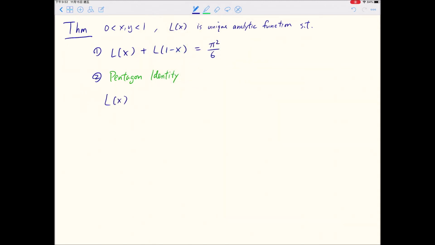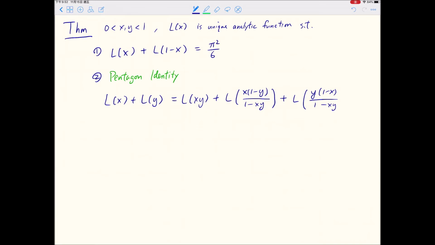L(x) plus L(y) equals L(xy) plus L of x(1 minus y) over (1 minus xy) plus L of y(1 minus x) over (1 minus xy). So this is it. This is the characterization of the Dilogarithm function.